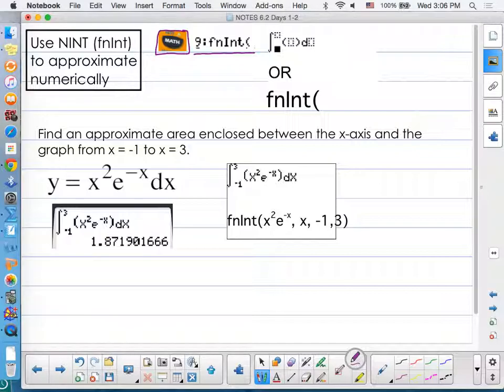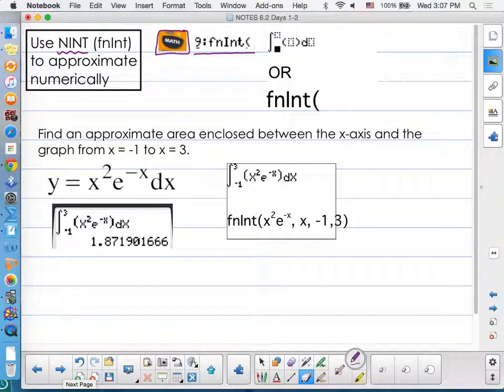That's on a TI calculator. Your book is going to call it NINT, the numerical integral value. Your calculator calls it the function's integral. On the updated operating systems, it actually pops up what looks like a definite integral setup. If you have an older operating system, it's going to just bring up that command in some parentheses.